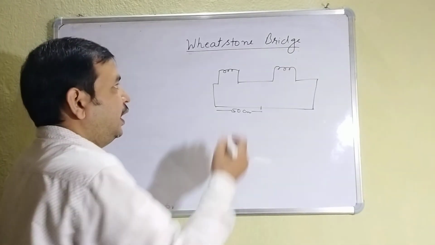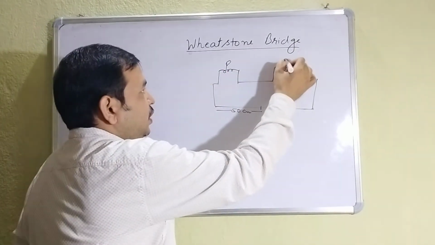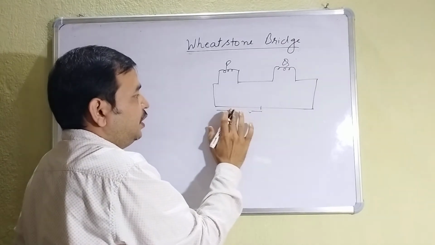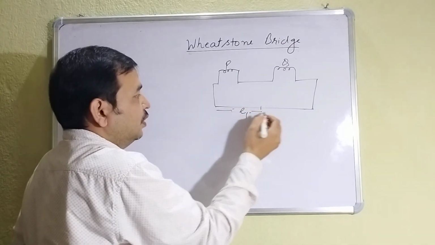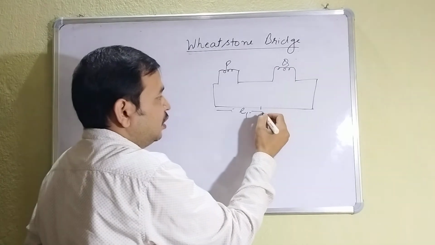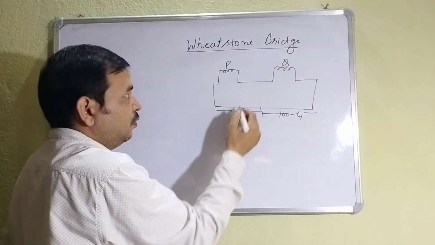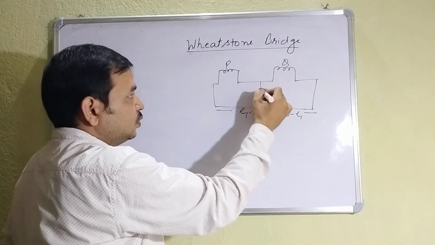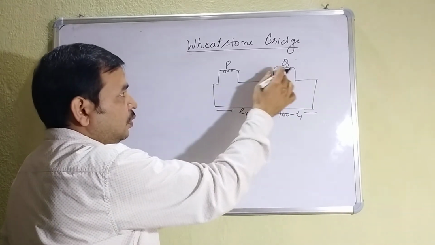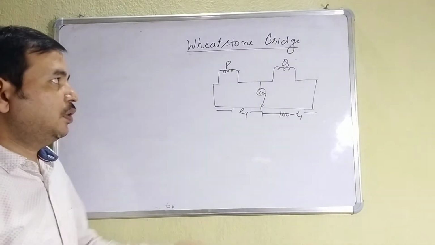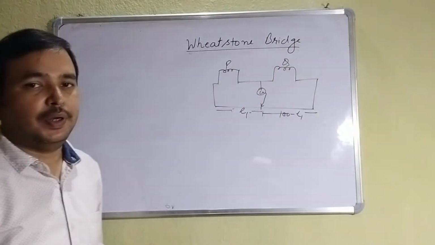Suppose it is asked that we have 2 resistors P and Q, and we are getting balance point at L1 when these resistors are there, and so of course this will be 100 minus L1. So when we are arranging like this, the galvanometer shows no deflection at L1.